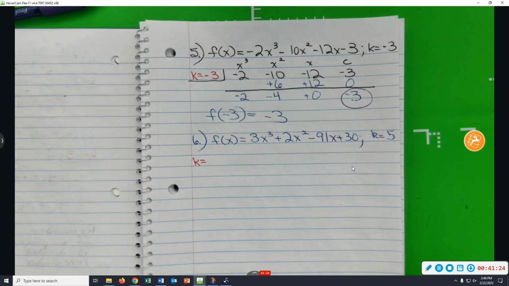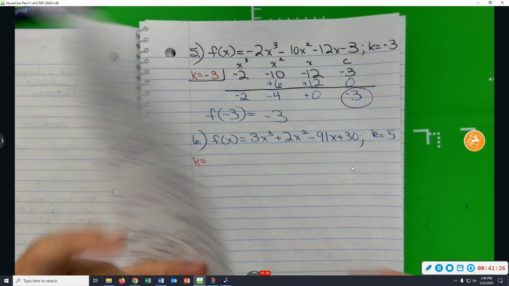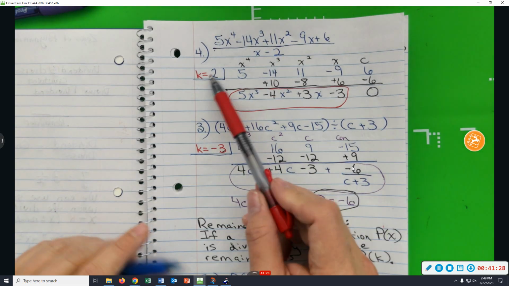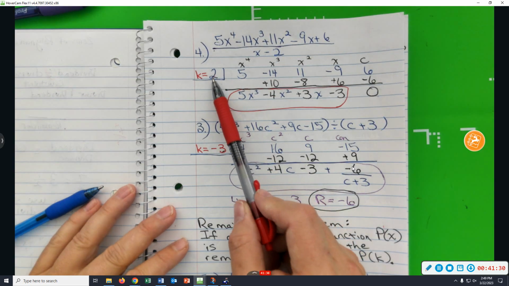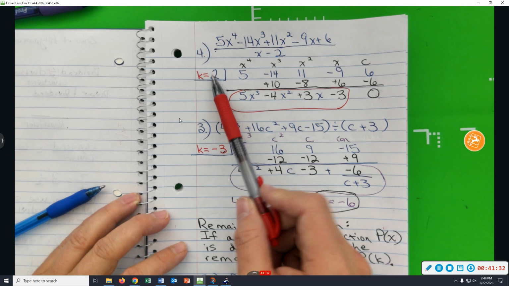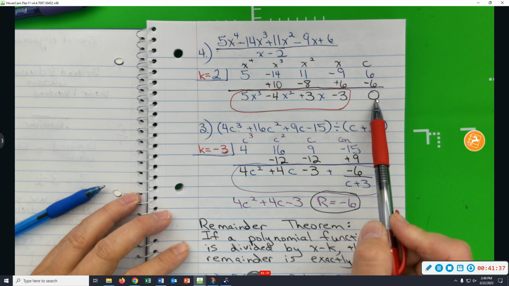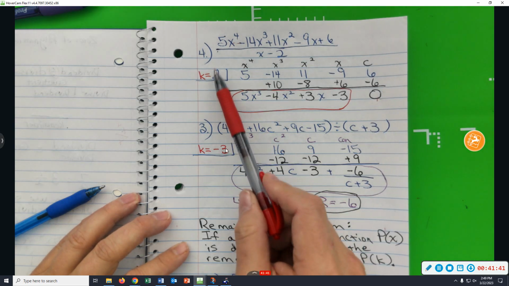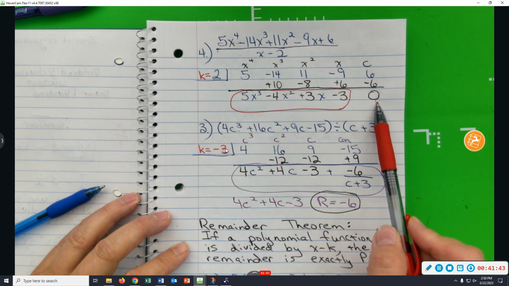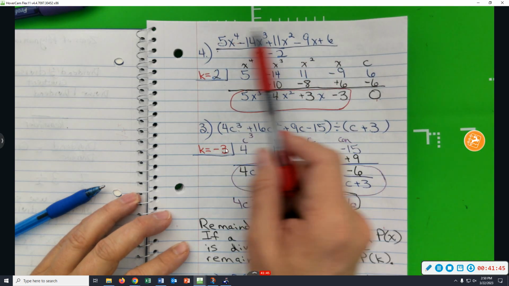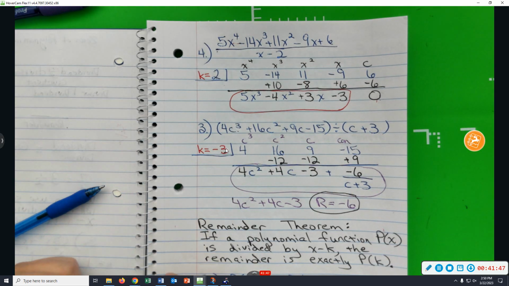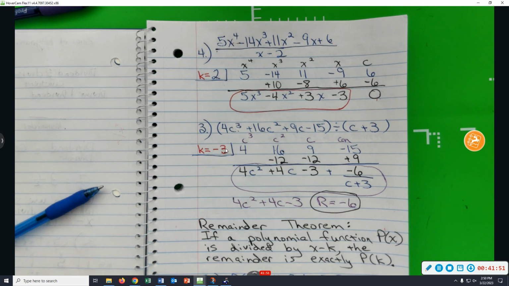So looking at number 4, I claim 2 is a 0. 2 is a 0 because if we plug 2 in, what would we get? That remainder is 0. So 2, in example 4, is a 0 of the polynomial function 5x to the 4th minus 14x cubed, and so on.